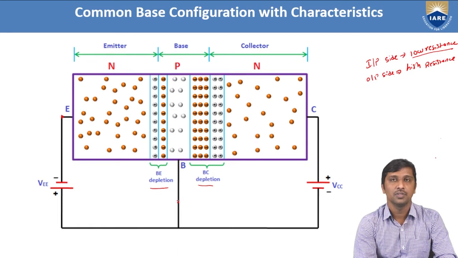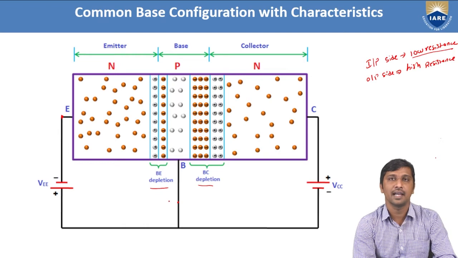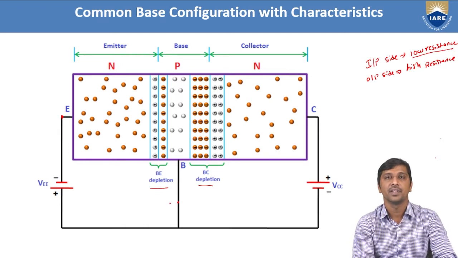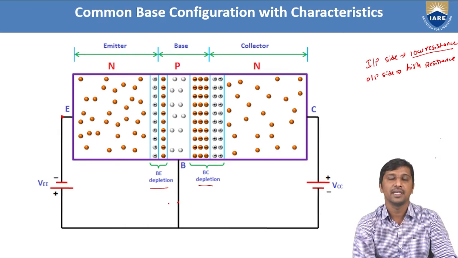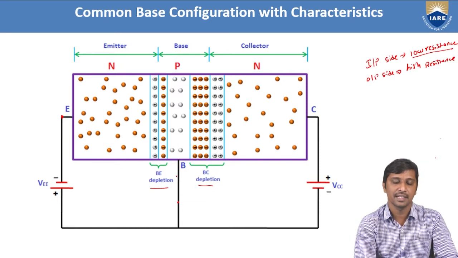How are we going to offer this very small forward resistance across this PN junction? We need to make this particular junction forward biased. If this junction is forward biased, that junction offers very small forward resistance. Hence, we need to make this biasing.